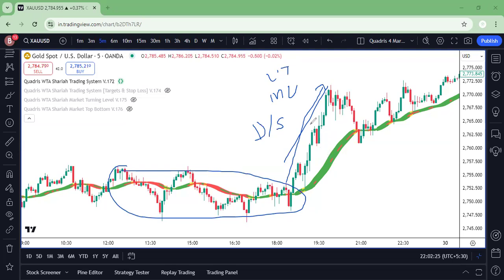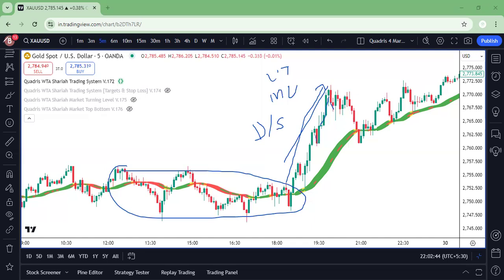So in this particular price movement, whatever the pullbacks are, the pullbacks should be of low volume, so that we can say there is a probability of price going upwards.